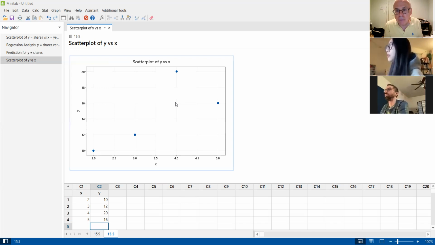Can I use the regression on Minitab? Yeah, but the regression on Minitab is going to give you the line of best fit. It may not be either one of these two lines. I want to choose the slope which is closer to the actual line. Well, the line of best fit is the regression line, right?